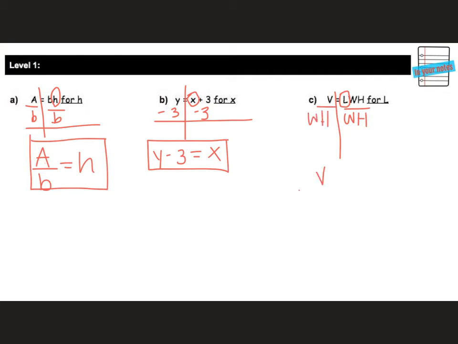So we're going to have V divided by WH equals L. L is by itself, so therefore we have solved. Now again, notice as we talk about literal equations, none of these answers are just x equals some sort of number. There's multiple letters in these problems, multiple variables.